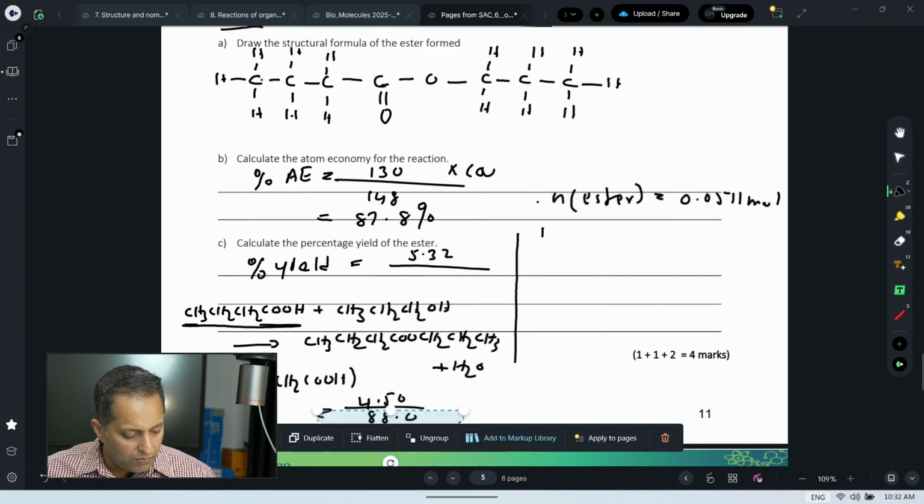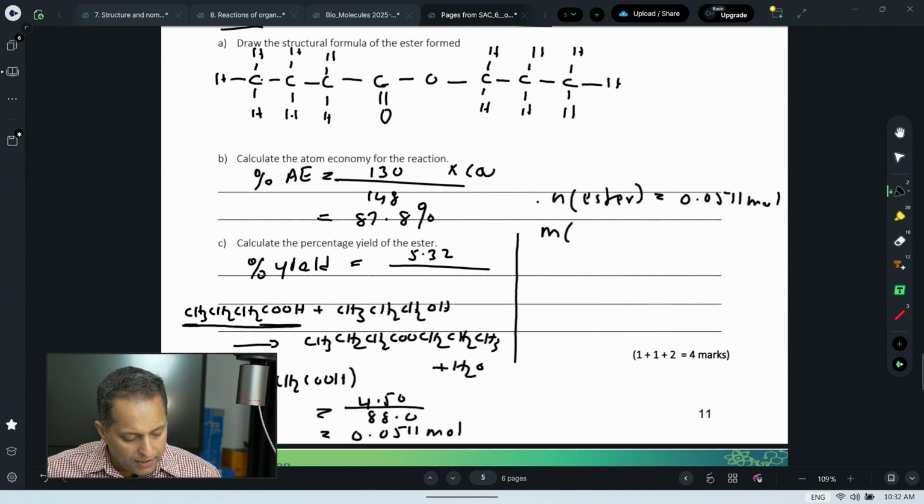If you know the number of moles of the ester, you can find the mass of the ester. The mass of the ester is going to be equal to 0.0511 times the molar mass, which is 130, which is going to be 6.65 grams. Now everything is simple.